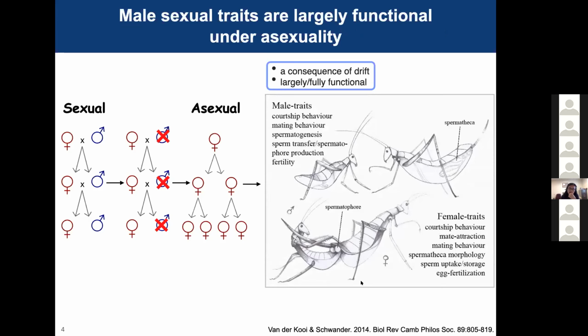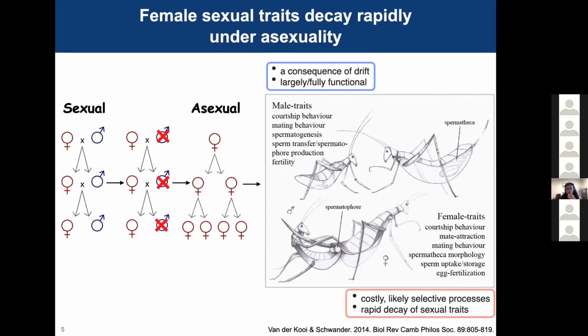In fact, in a review conducted a couple of years ago, they combined a variety of taxa. They showed that most male sexual traits largely remain, or are even fully functional, in asexual species.